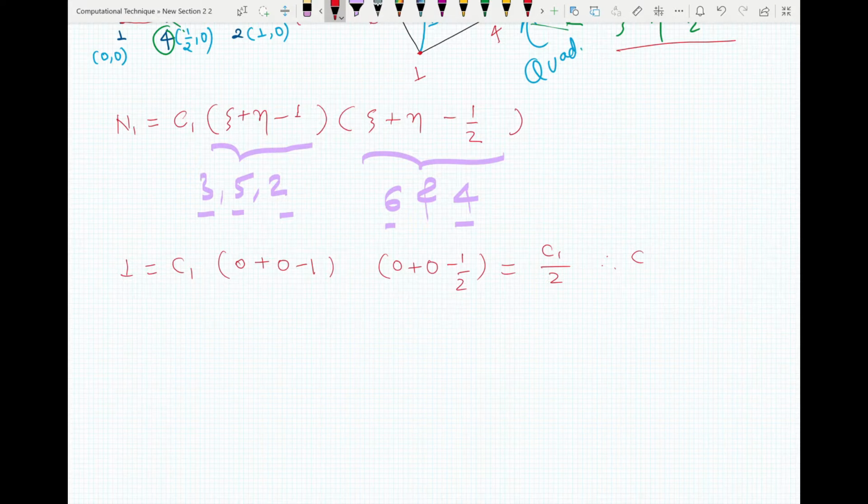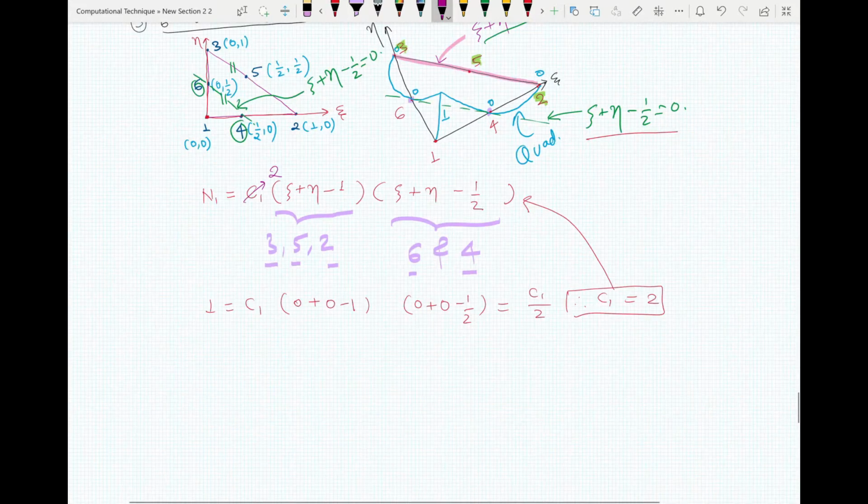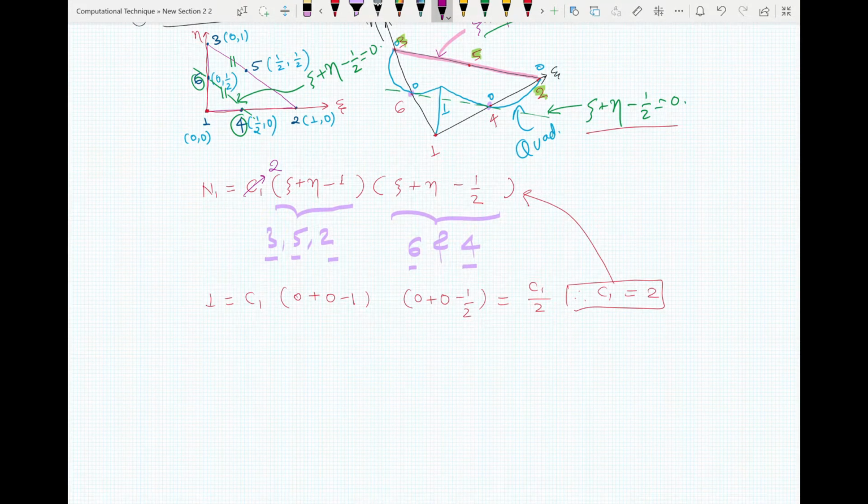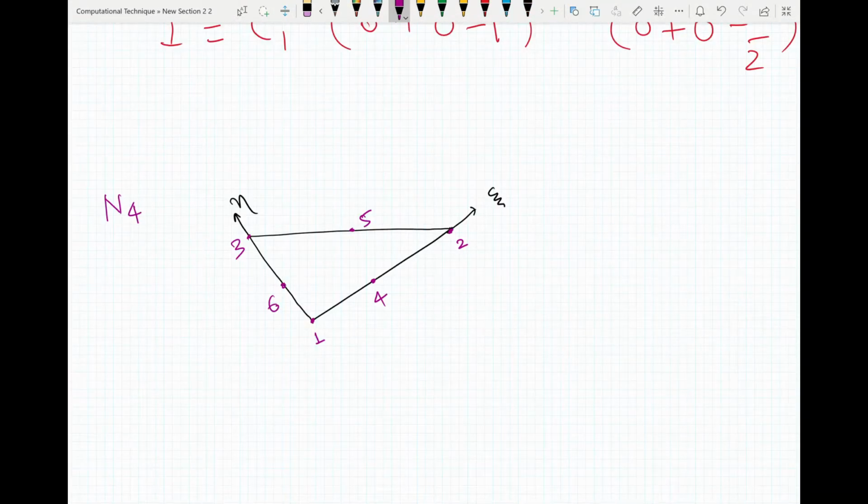And when you substitute it back here, following the similar procedure, you can get your n2 and n3 as well. Let's try to find what is n4. Now for n4, when you draw it, it should be 1 here, and it should be 0 along this direction, this is xi, and along eta as well.